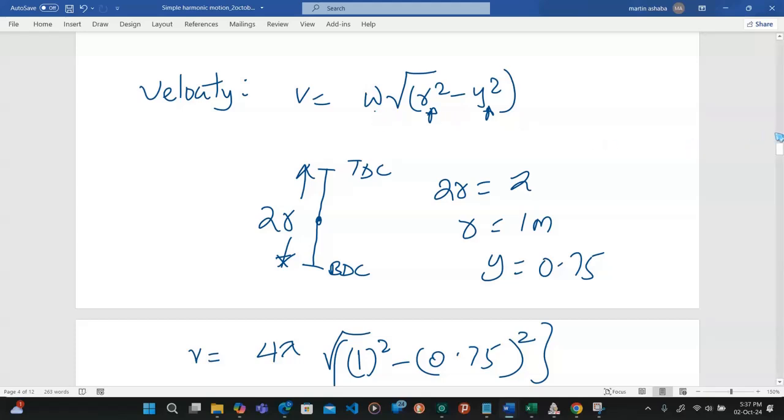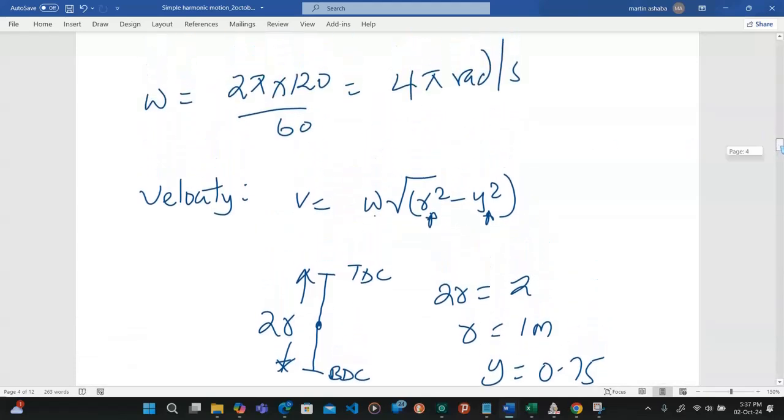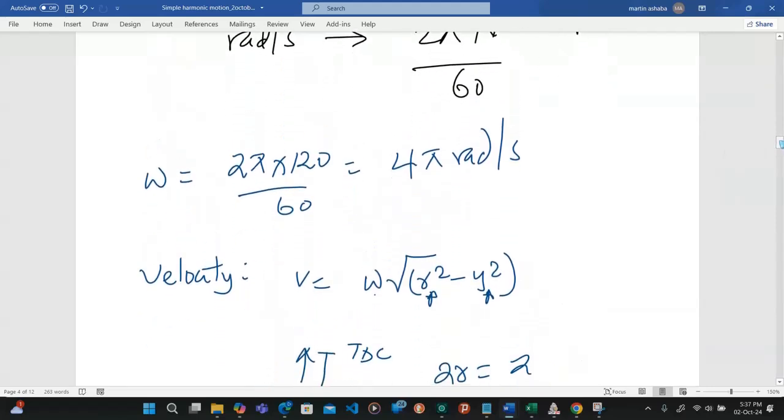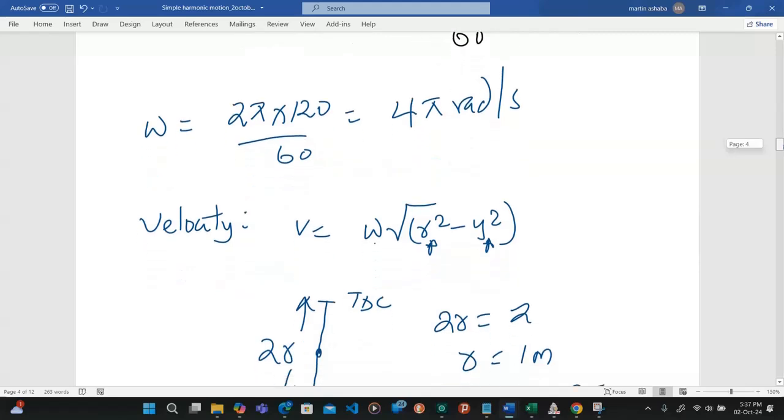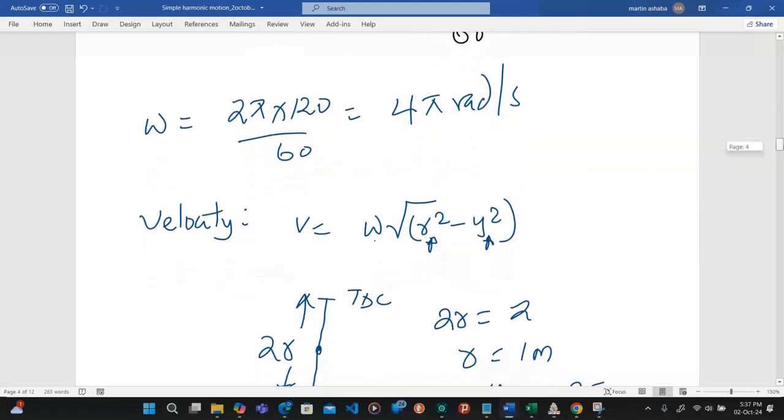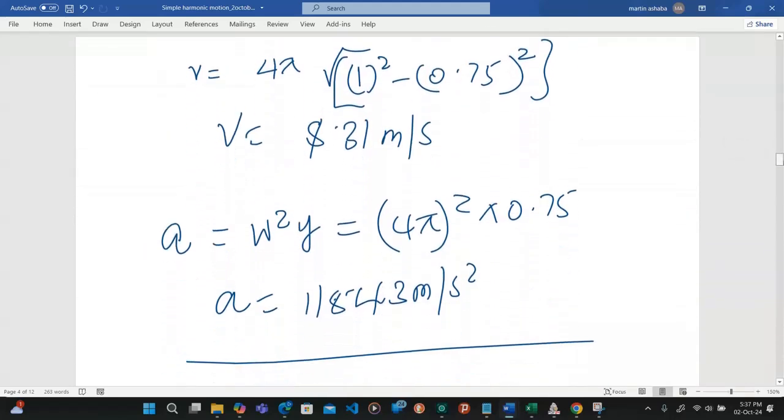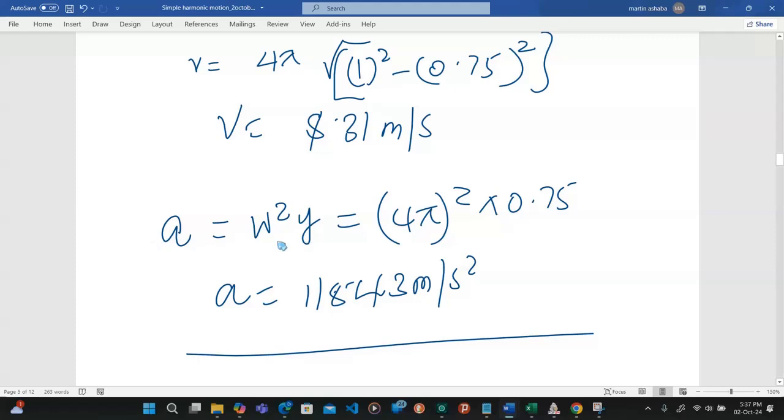Omega comes from the RPM, so you only need to change that RPM to radians per second, and that will become your angular velocity. Substitute it in there, get your velocity. Then the formula for acceleration is omega squared y. So you put in your y and get the acceleration. That will be the end.